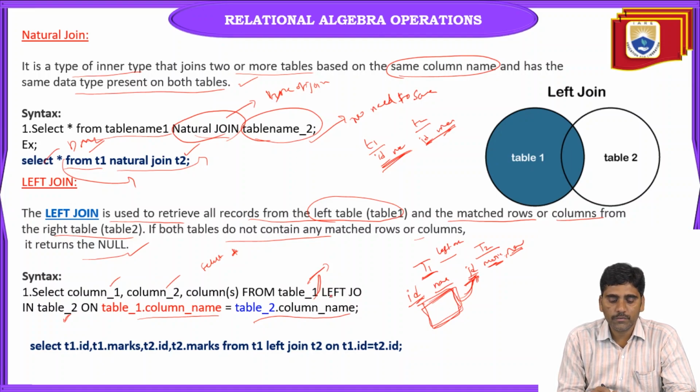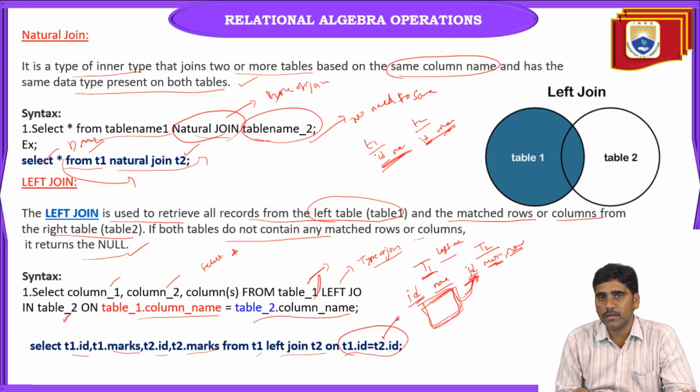Here left join indicates the type of join you are performing. Now the example: select t1.id, marks from table 1, id from table 2, and marks from table 2, from T1 left join T2 on the condition T1.id equals T2.id.